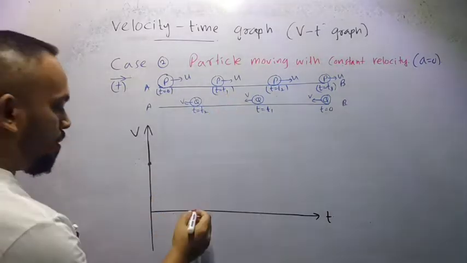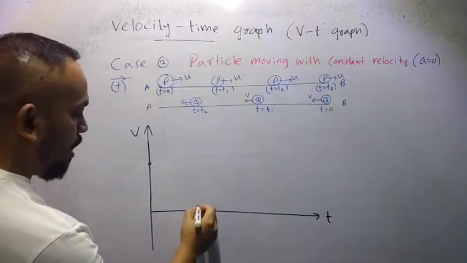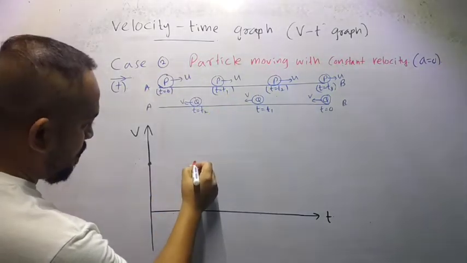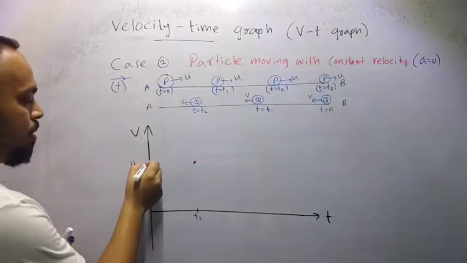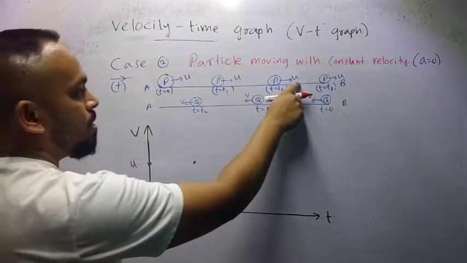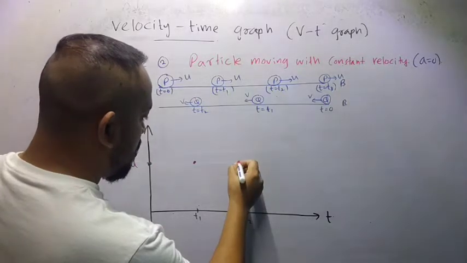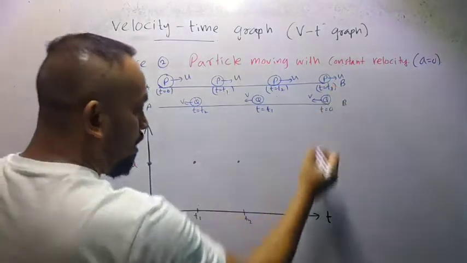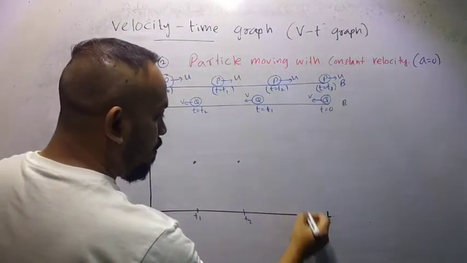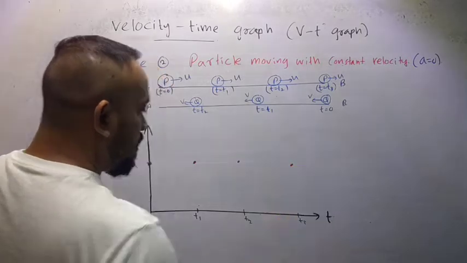At time t1 මෙයා මෙන්න මේ හැරි. Same u. u නේ වෙනස් වෙන්නේ නැහැ. It doesn't change. Time t2 same velocity. t3 again same velocity.